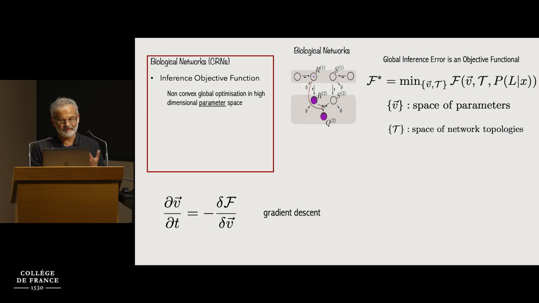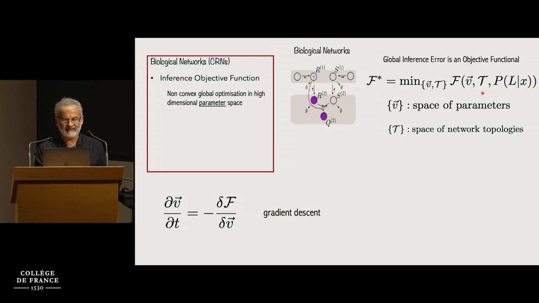So this gives rise to an interesting general problem which we might try to explore. In both these examples and many other examples that we have been looking at, these are all described by very complex, high-dimensional chemical reaction networks, for which one may define an objective functional, which is a functional of the parameters, the topology, and the noisy input.